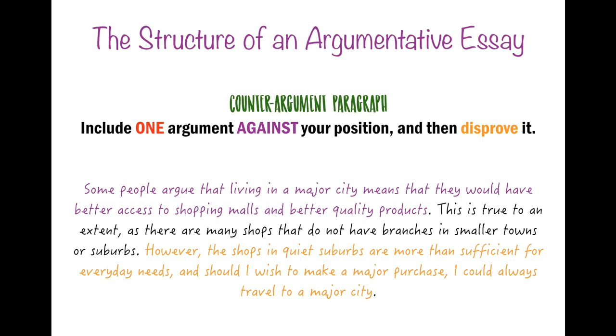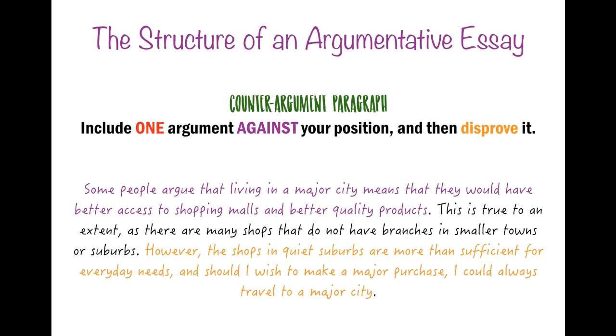The paragraph continues, this is true to an extent, as there are many shops that do not have branches in smaller towns or suburbs. However, the shops in quiet suburbs are more than sufficient for everyday needs, and should I wish to make a major purchase, I could always travel to a major city.